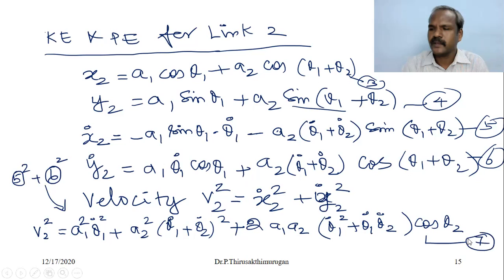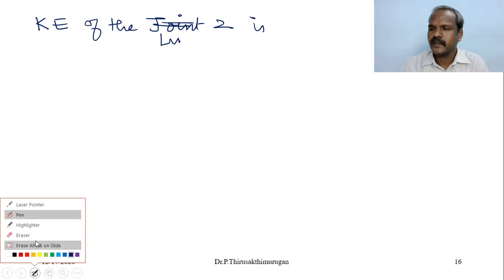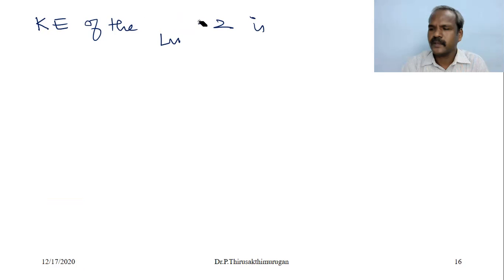So the kinetic energy of the link 2 is K2 equal to half M2 V2 square.